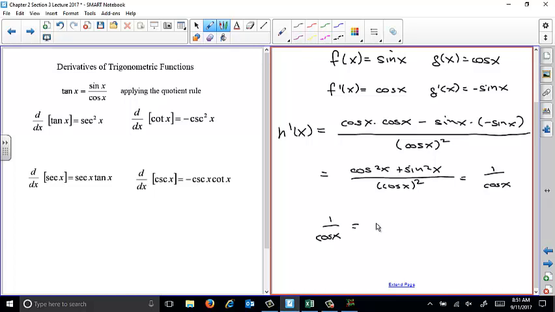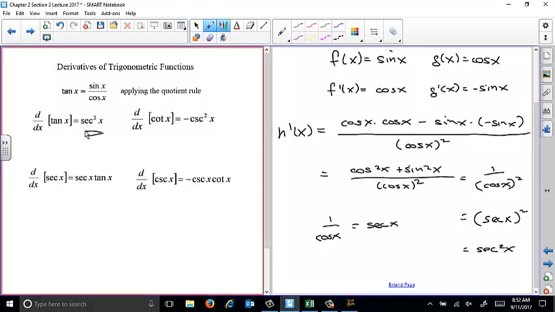It's either the secant or the cosecant. Yeah, it's the secant. You think cosine, cosecant, but it's secant. So what we have here is 1 over cosine squared, which is really the same as secant squared of x, and you can see that's the answer.